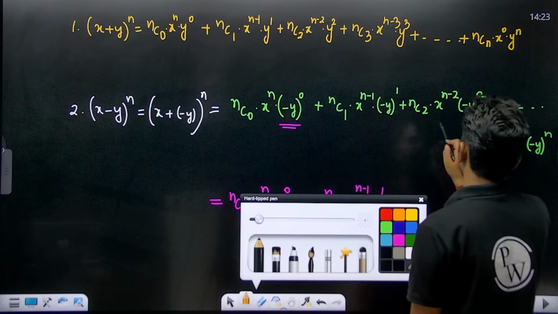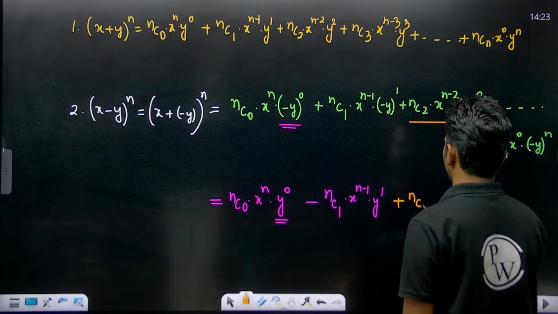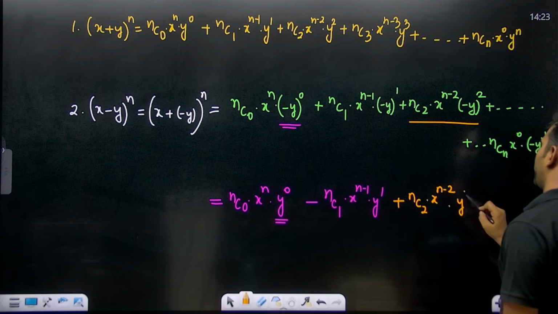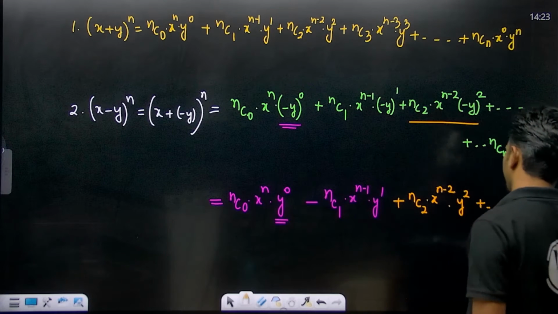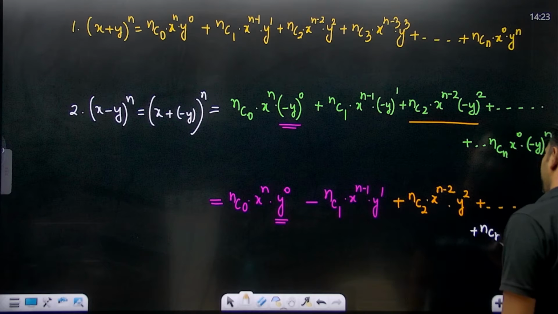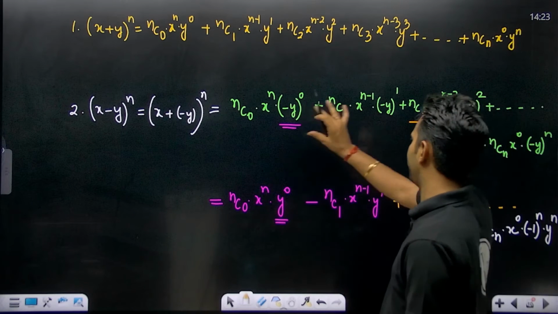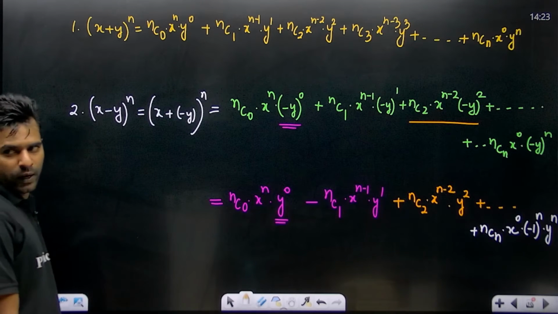Yes, if we talk about this particular thing, then don't you think that this particular expression will be written like this, because (minus y) whole square will become y square only, and so on the things will proceed. Yes or no? And at the end what you're going to have is something like this, nCn into x to the power 0 into (minus 1) to the power n into y to the power n. Can we write down this similar expression like this as well? Understand? Yes or no, everyone?